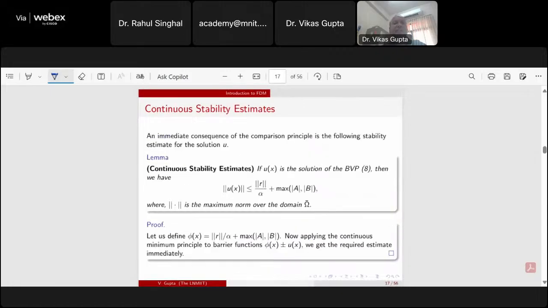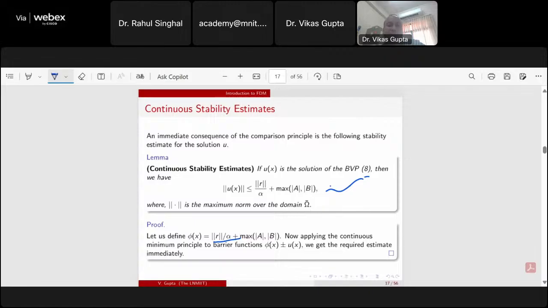An immediate consequence of this continuous comparison principle is the following stability estimate for the solution u. If u(x) is the solution of the boundary value problem, then the solution u satisfies this stability estimate, that is, it is bounded by this. We obtain this stability estimate by constructing the barrier function phi(x), which is defined over here: norm of r upon alpha plus the maximum of mod a, mod b.